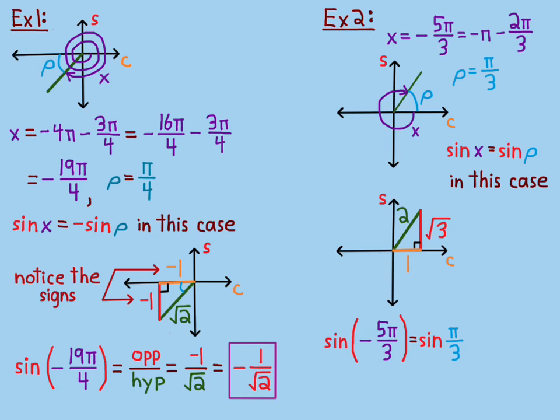These legs are both positive, because these are really the coordinates of this point, and this point is in the first quadrant, so they're both positive, right? And this is my template because this is 60 degrees, or pi over 3, and so it's 1, 2, square root of 3, and then from there I can get any function I want. Sine of negative 5 pi over 3 is opposite over hypotenuse, square root of 3 over 2.